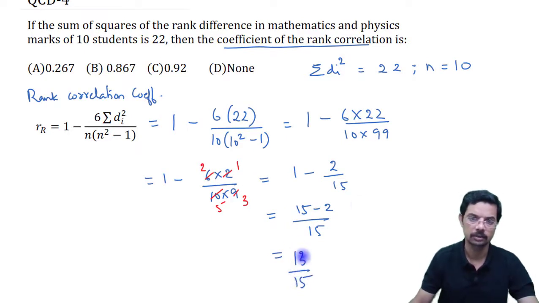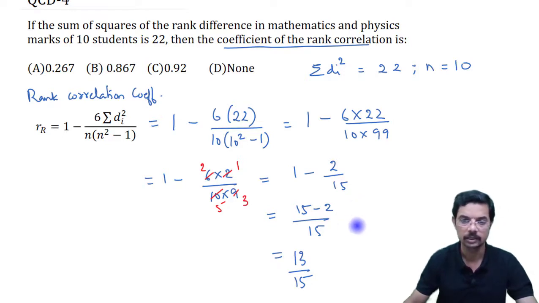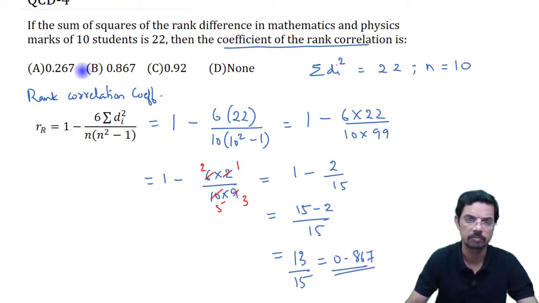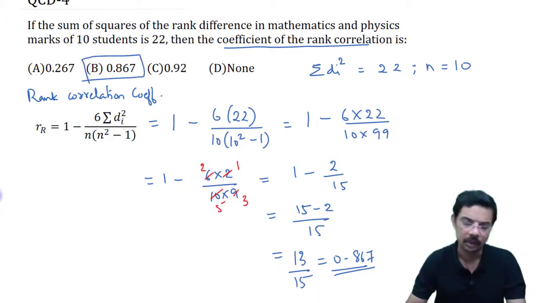Just calculate 13 by 15. It will be equal to approximately 0.867. So option B, 0.867 will be your answer.